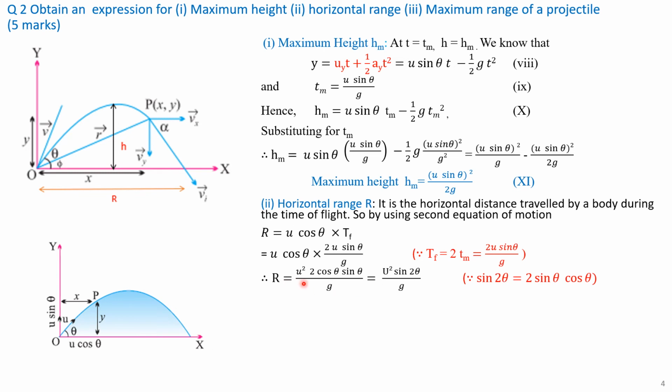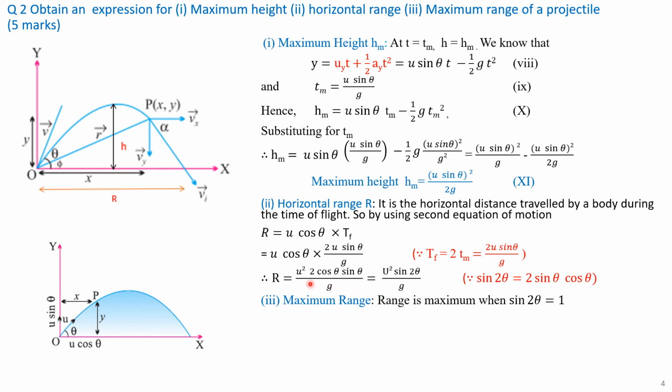Therefore, R is equal to u square 2 cos theta sin theta by g, that is equal to u square sin 2 theta by g, because 2 cos theta sin theta is sin 2 theta.